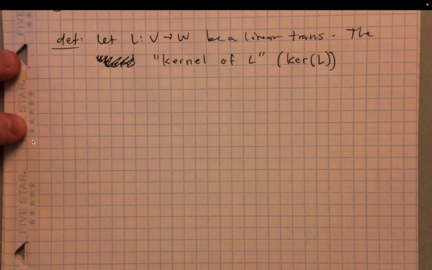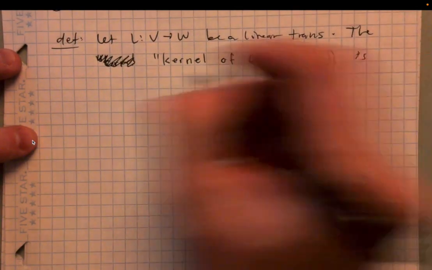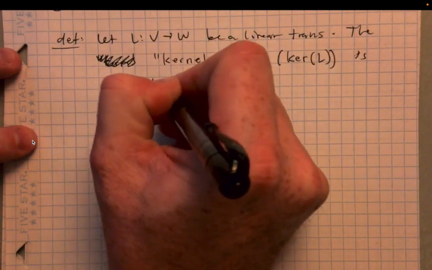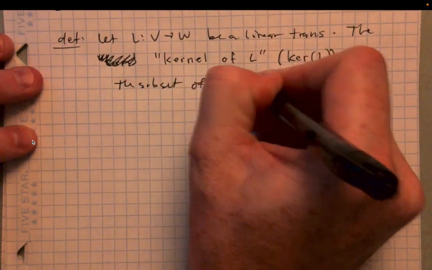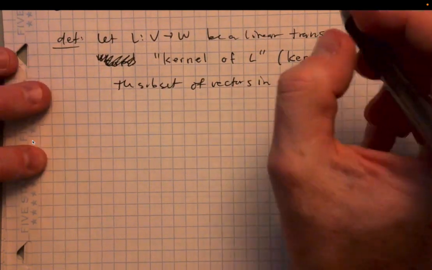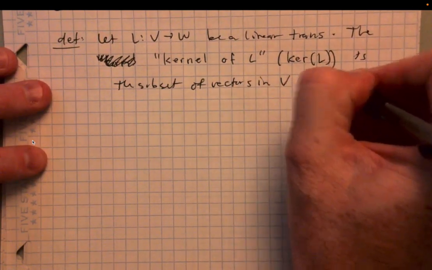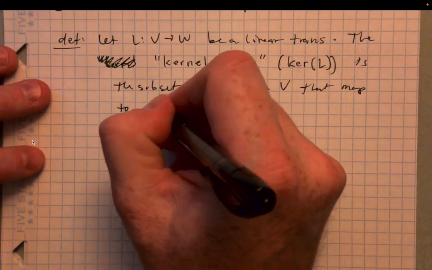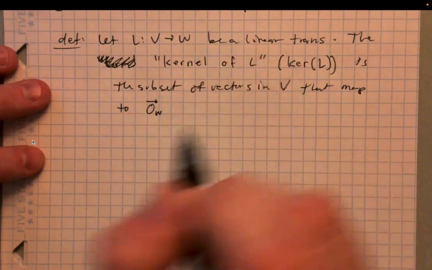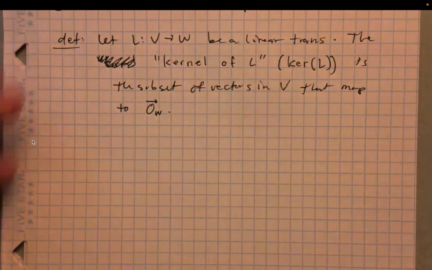So the kernel of L is the subset of vectors in V that map to the zero vector in W. So that's the kernel.